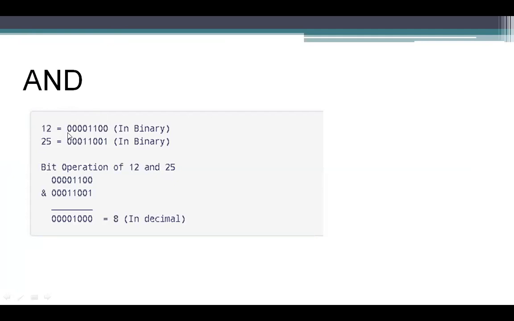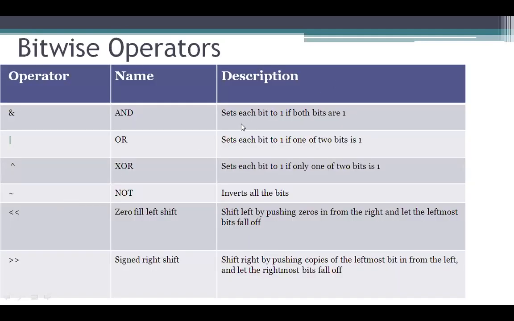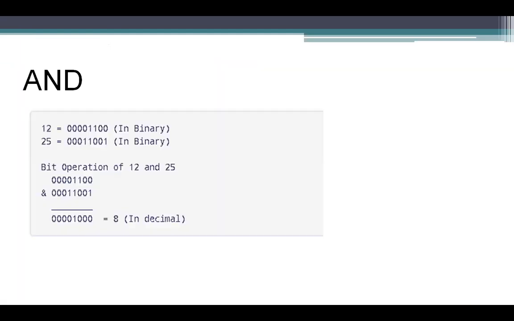What happens? 12 is converted in terms of binary, and 25 is converted in terms of binary, and the AND operation is applied. The statement says, sets each bit to 1 if both bits are 1. Bitwise it is compared. If both the bits are 1, then the result is 1.